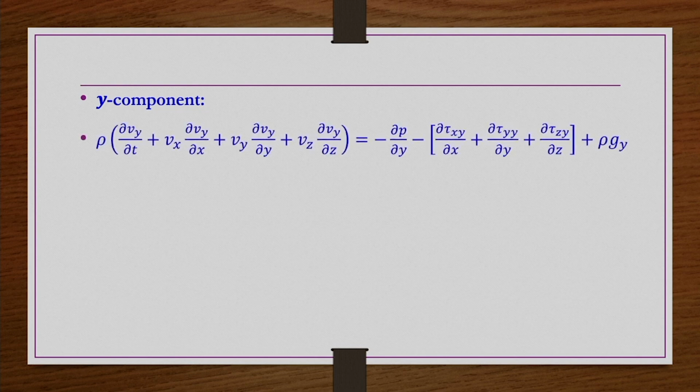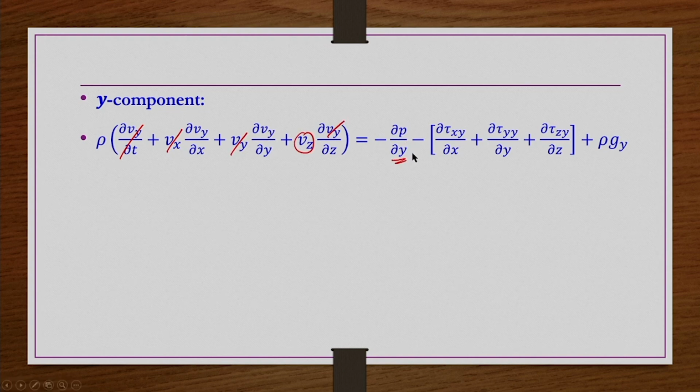Now, the y component of the equation of motion for a non-Newtonian fluid, if you write in Cartesian coordinates, is that equation. So, steady state, this term is 0. Vx is not existing, Vy is not existing, Vz is existing, but Vy is not existing.